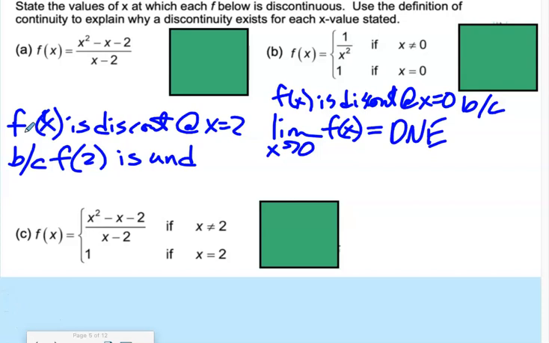Now, if we wanted to be superstars, let's just take a moment to review. If I asked you to tell me more specific information about that limit, Tommy, what's going on the graph at 0? There's a hole. Are you sure there's a hole? Is there a hole there?